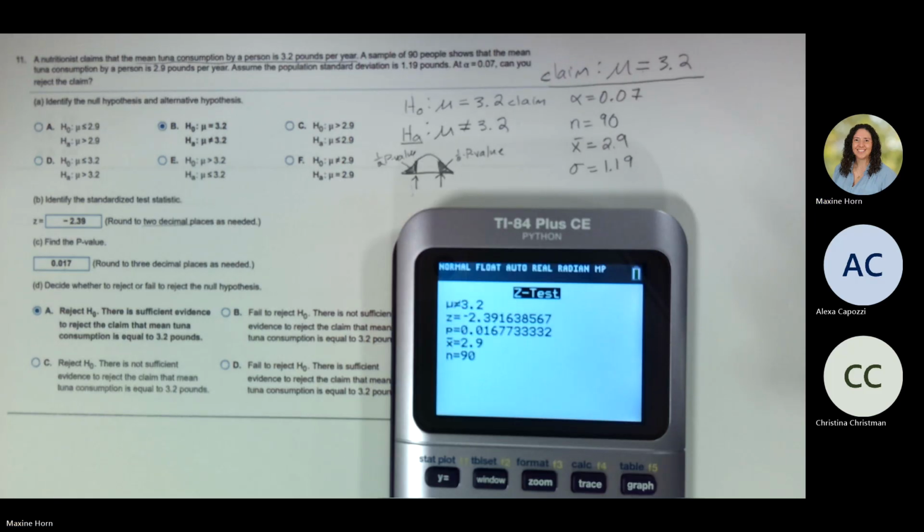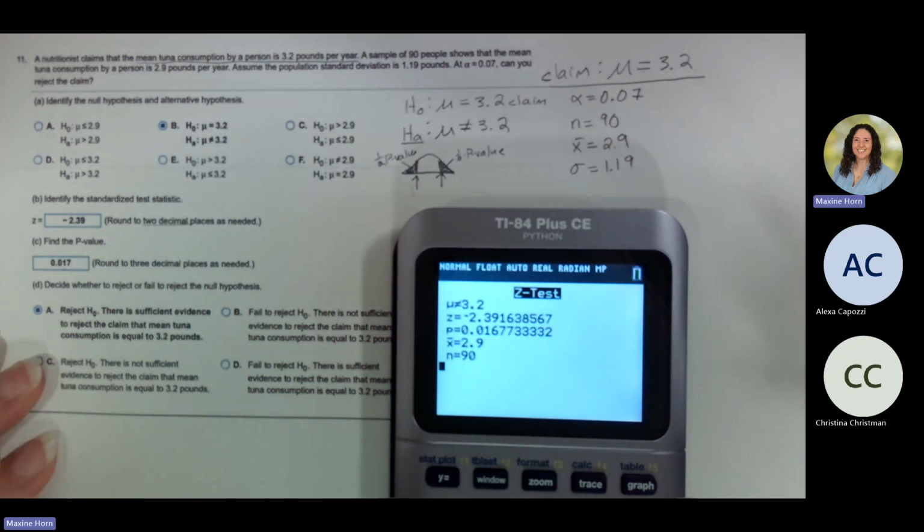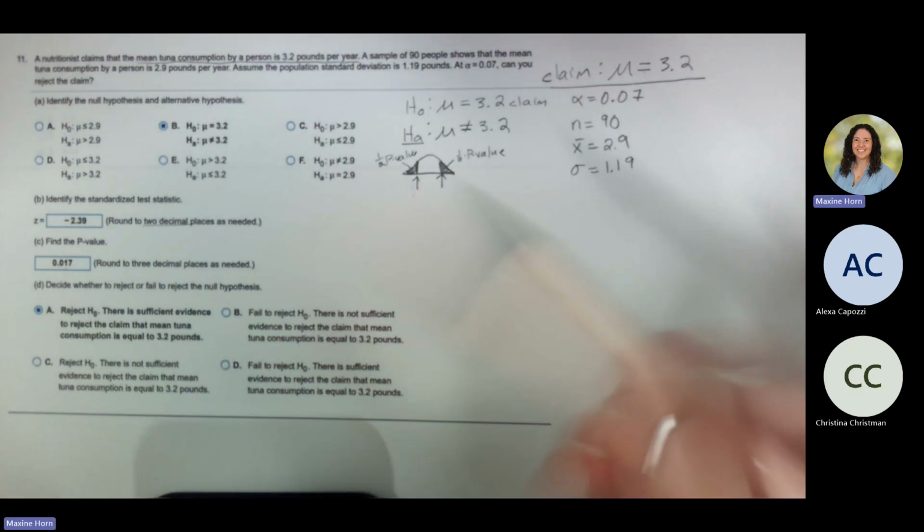From what I can tell, you guys are not being asked to do problems with the rejection region, so we're not going to get into that. You're going to be able to just say, what's my p-value, compare that to my alpha, and you'll be just fine. So we've got our p-value.